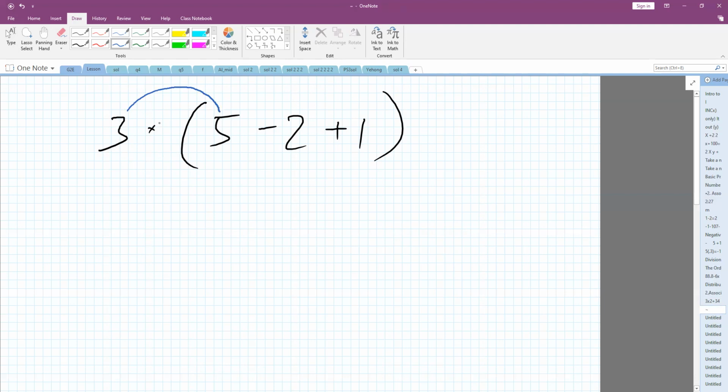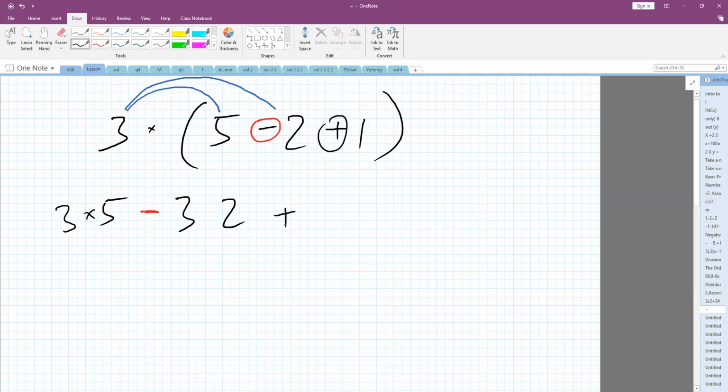So first you multiply 3 by 5. So 3 times 5. And then you have this negative you put in there. Now what's next? You multiply 3 times 2. So in this case, you have like that, okay? And now you have a plus here, okay? 3 times 1, right?